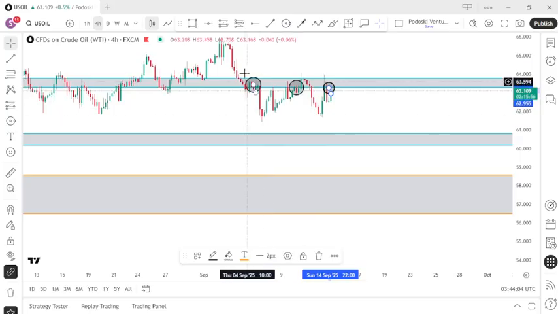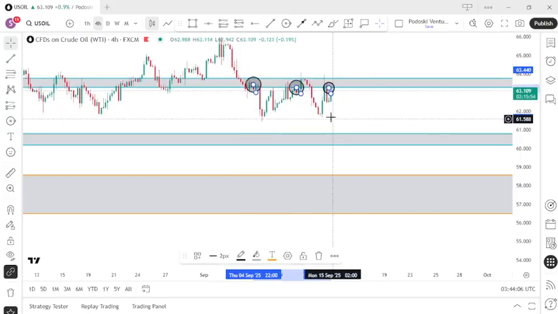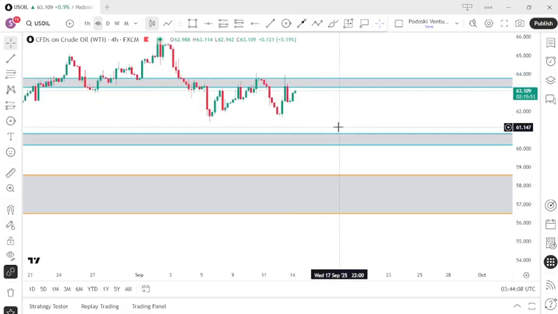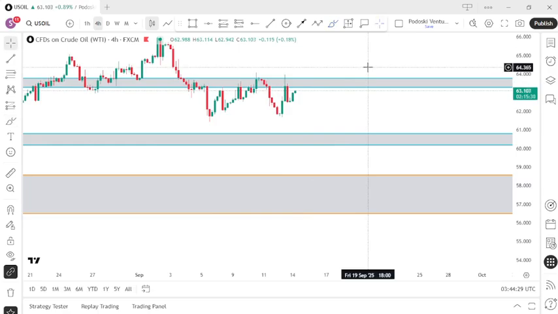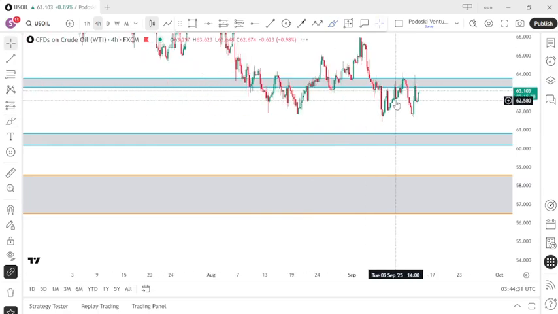You could see on the third touch, price gave us a beautiful bearish engulfing, but after the bearish engulfing, the market closed. I believe because the market closed and there was not enough liquidity at this particular point, price is expected to form another entry, giving us another kind of confirmation before the sell happens.